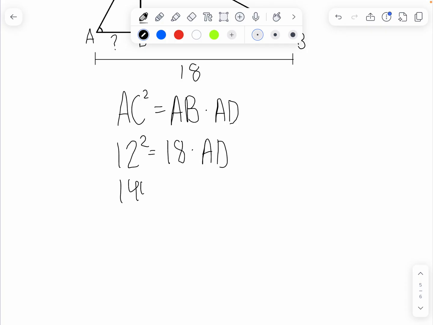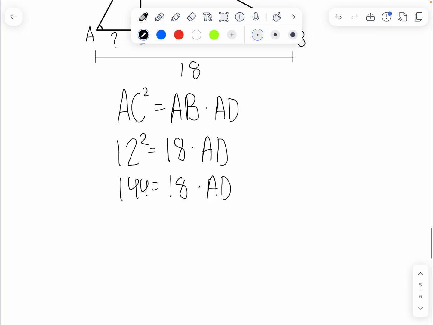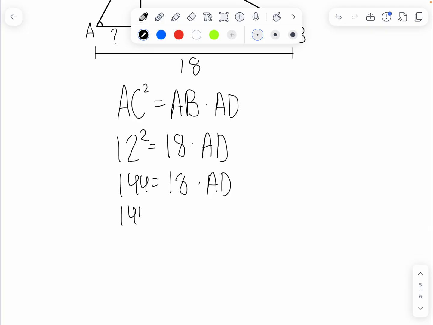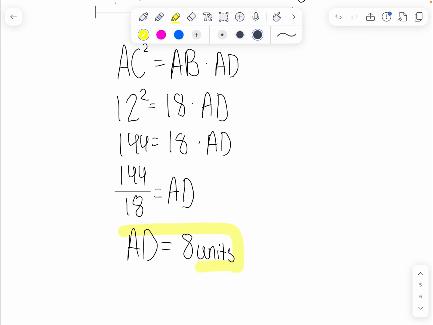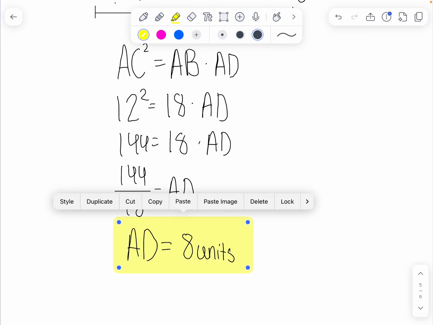So 144 equals 18 times AD. 144 divided by 18 equals AD. So in the end, we'd get AD to equal 8. So 8 units. And this is our answer.